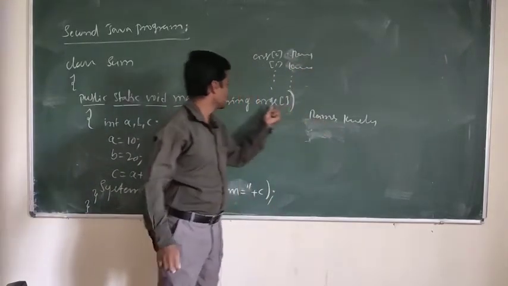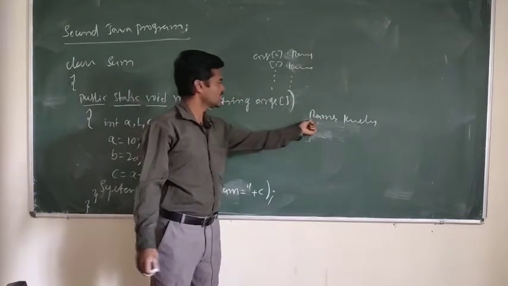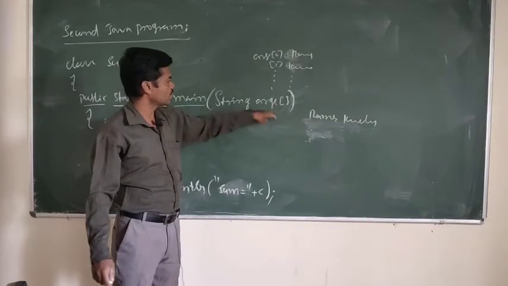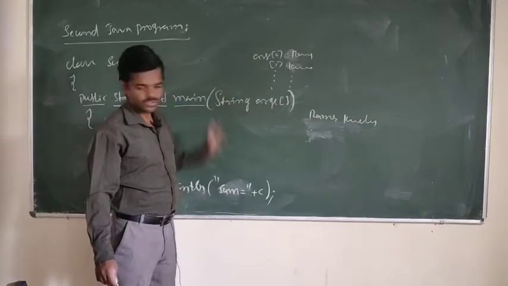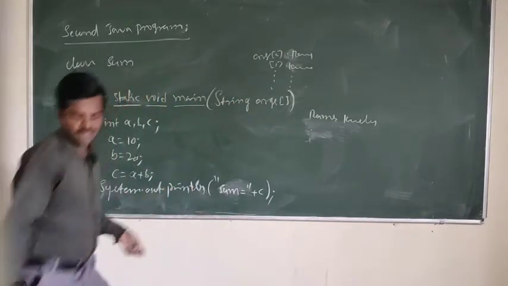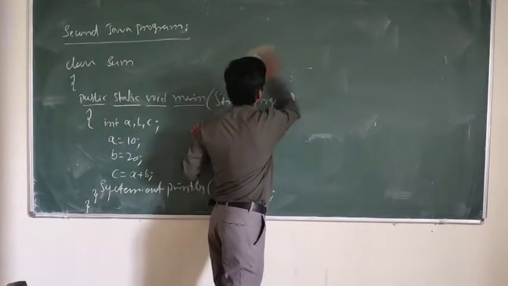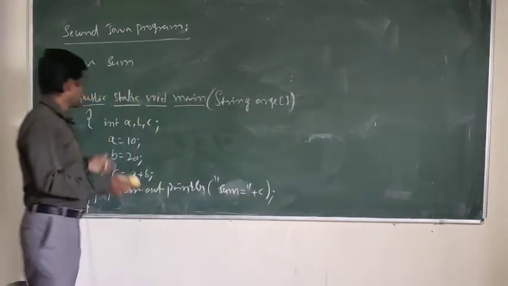So this is stored as the first argument, this is the second argument, and so on. Like that you can store the command line arguments in the array in the form of strings, that is String args. Then the main method will start.